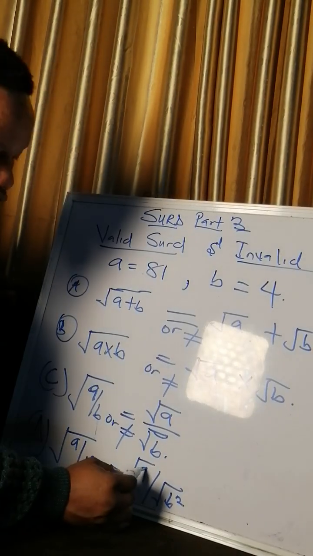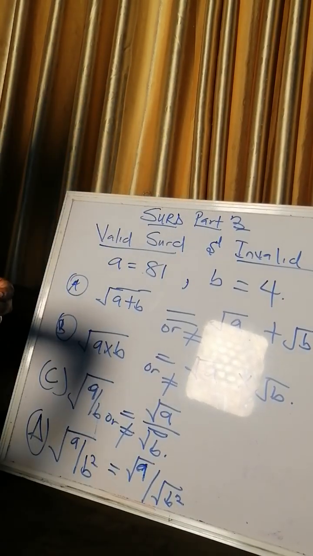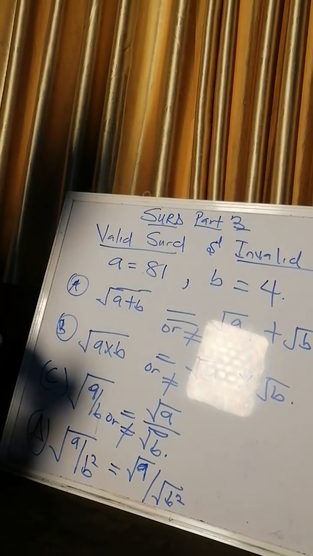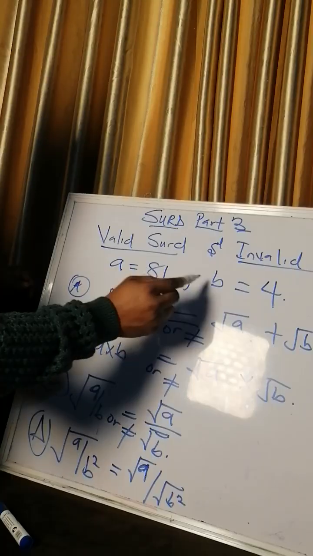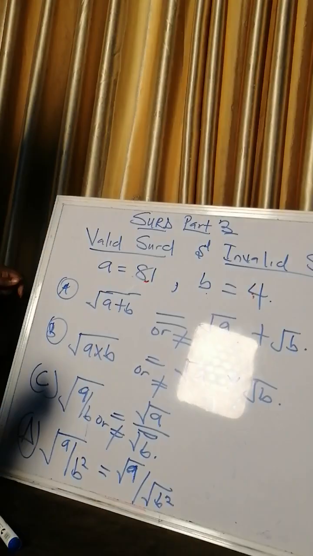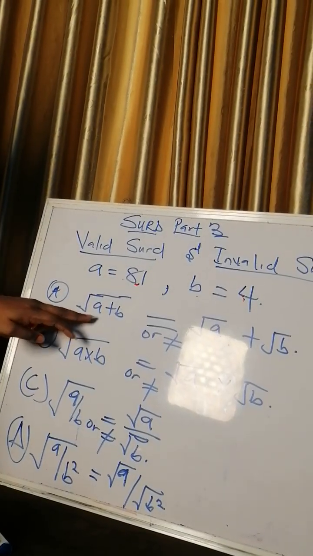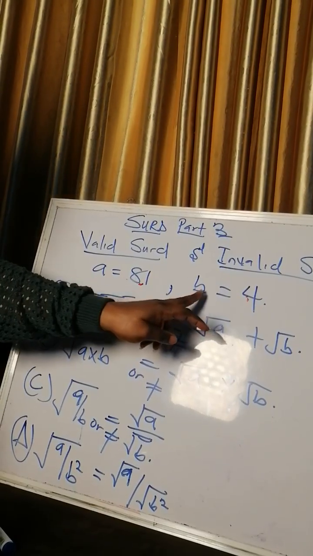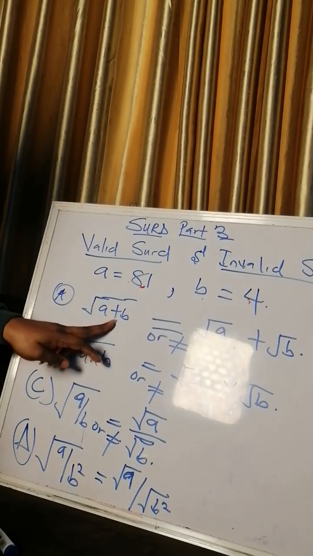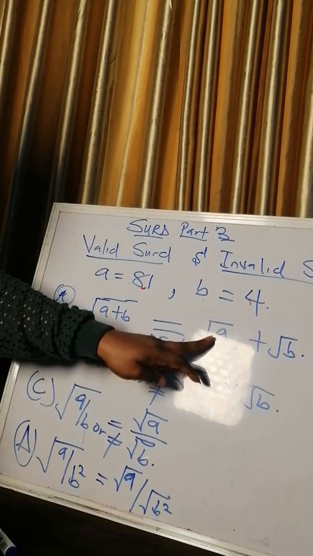What we're just trying to do is to split this. Now don't forget what we have here: we said that A equals 81, B equals 4. So anywhere you see A, put 81. Anywhere you see B, you put 4.